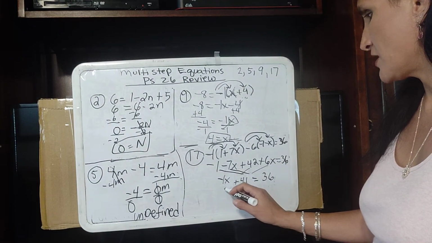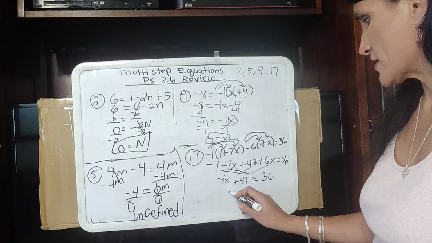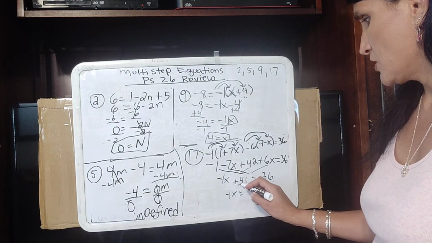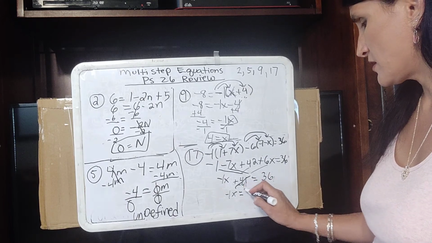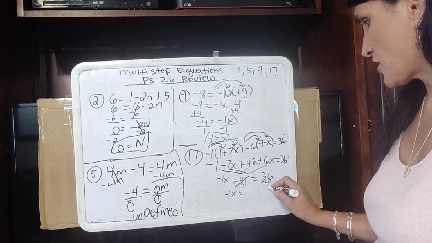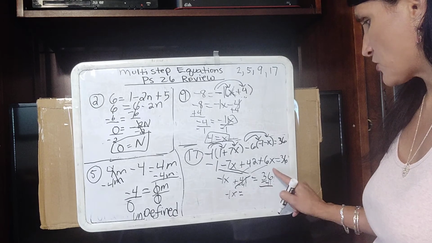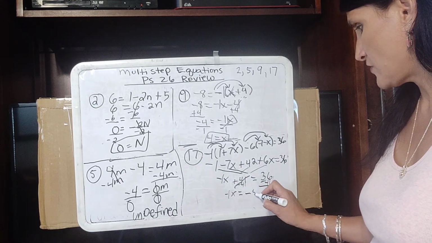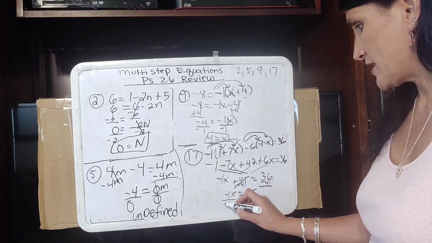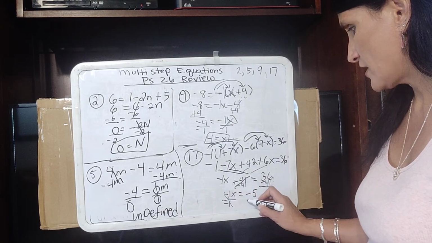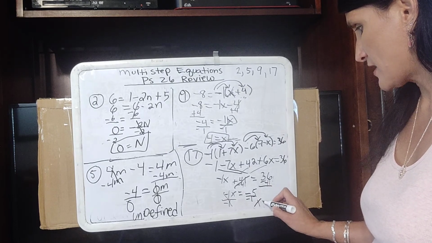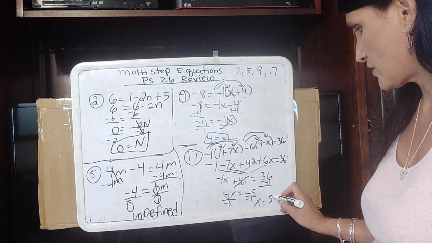You're going to put the variables on one side, so we're going to leave this negative 1x on the left side, but we're going to move the positive 41 over here by subtracting. We have to subtract backwards, so 36 minus 41 is going to be negative 5. Then you have to divide by the negative 1 to solve for the x. Divide by negative 1, and your solution is x equals 5.